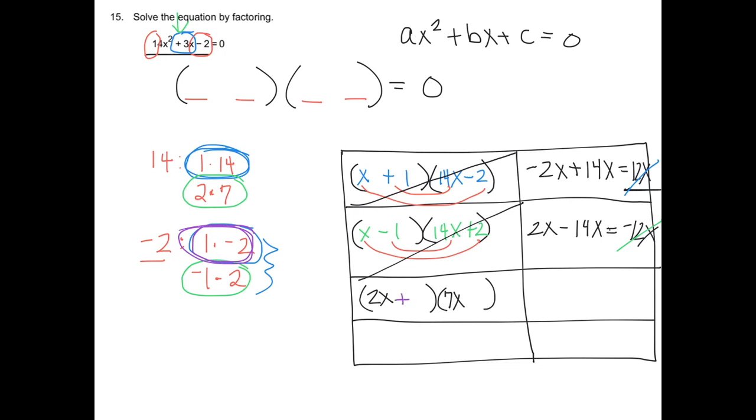So I have a positive 1 and a negative 2. Next, we'll multiply our outer terms together, which is a negative 4x, and our inner terms together, which is a positive 7x. A negative 4x plus 7x gives me a positive 3x. That does equal the term in the middle of my original equation, so I know that those two sets of parentheses are my winning combination.